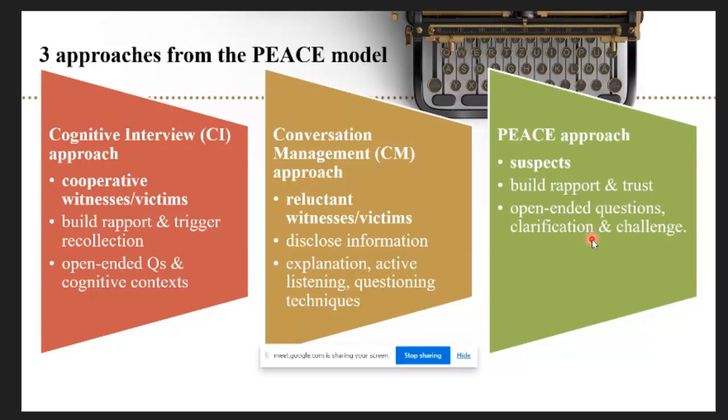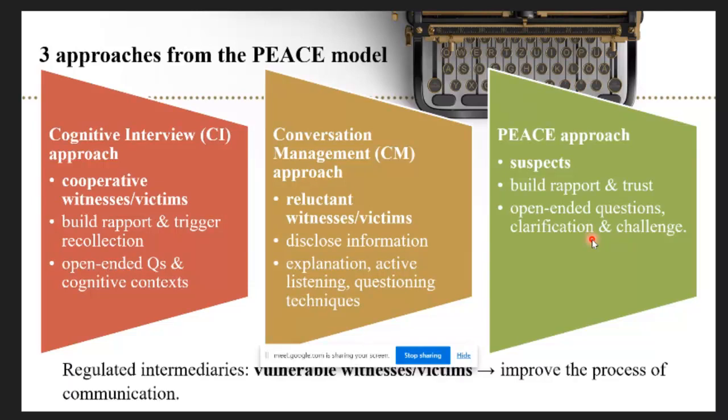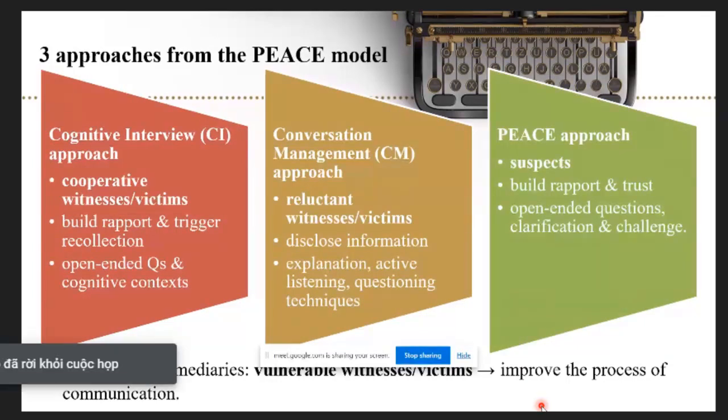And of course, the change also brings about consideration for a special group, which is the vulnerable group. These are people who are easily psychologically affected or not in a stable mental state. These can be children, harassment victims, and people with impairments of hearing or seeing.